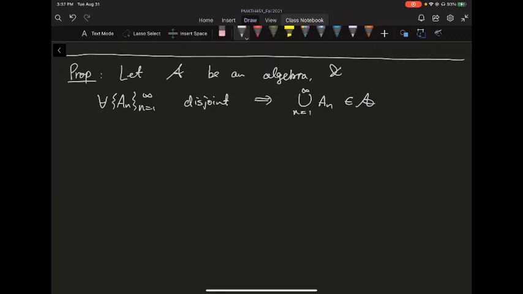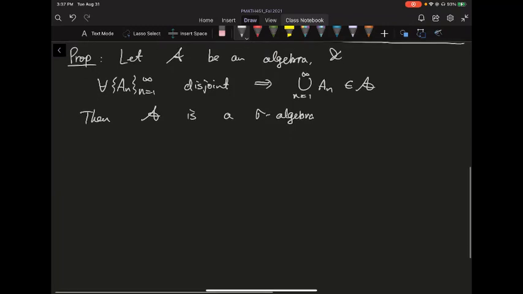It's only a countable union of disjoint sets here. But I want to show that this is enough for A to be a sigma algebra. So the conclusion is A is a sigma algebra. So basically, only requiring the countable disjoint union is enough for A to be a sigma algebra.